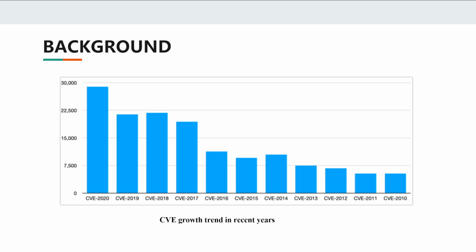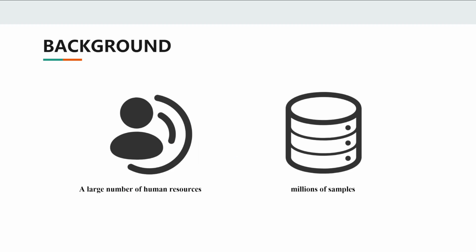According to the Common Vulnerabilities and Exposures report, the number of software vulnerabilities has been increasing rapidly in recent years. The popularity of open source software makes it easier for software vulnerabilities to spread among computer systems. Once used by attackers, it may cause huge losses.